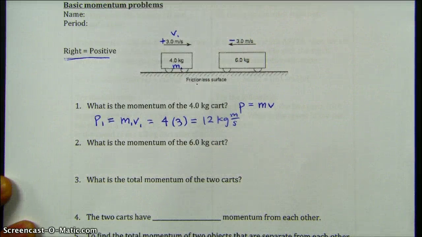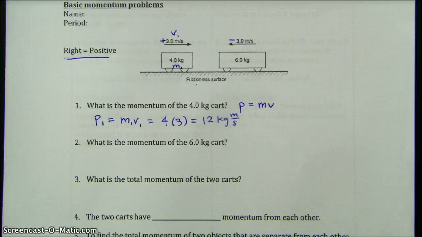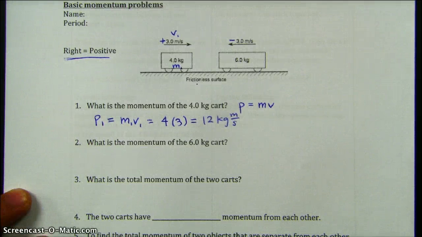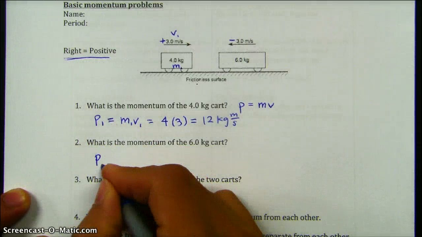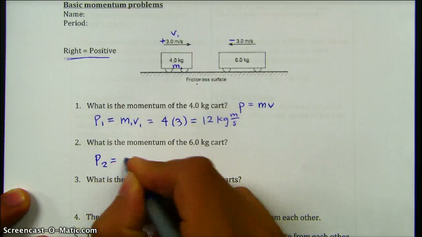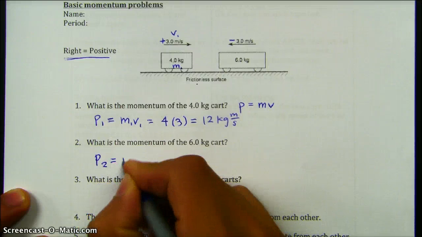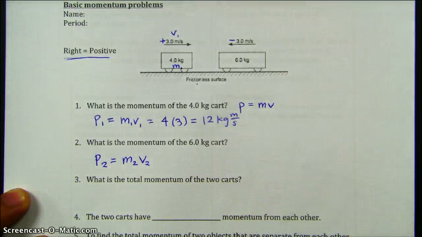Great. What is the momentum of the 6.0 kilogram cart? Well, we're going to call this the second object. So let's set up the equation for the second object. We need the momentum of the second object, so we call that P2, which is going to equal m2, the mass of the second object, times the velocity of the second object.